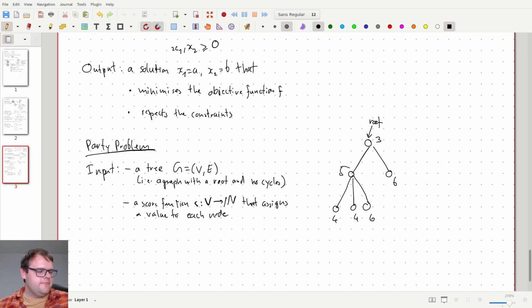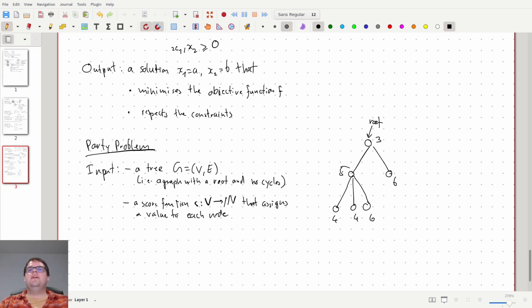What's the party problem? Well, the idea is, you imagine the nodes are different people you want to invite to a party, but they all work in the same company. If there's an edge, that means one is the boss of the other. So this node is the boss of this node, this one is the boss of this node, and so on. And you don't want to invite people to the party that have a boss relationship, right?